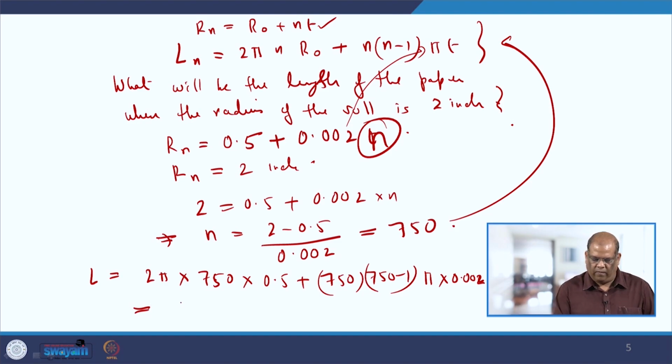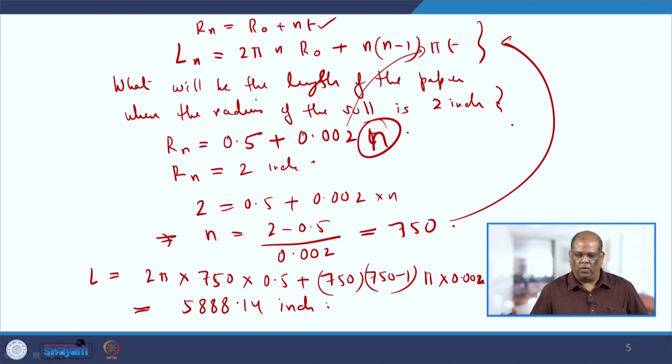And if you simplify this, this will be approximately equal to 5888.10 inch.